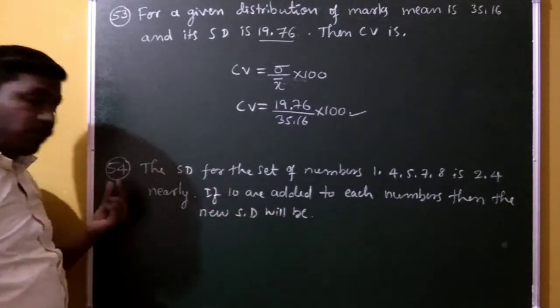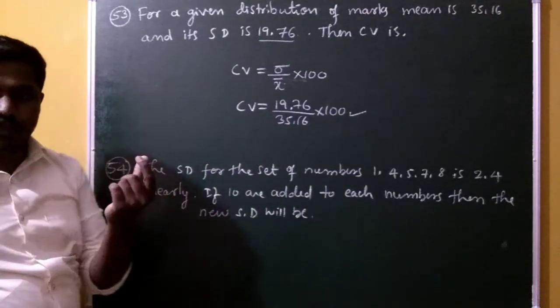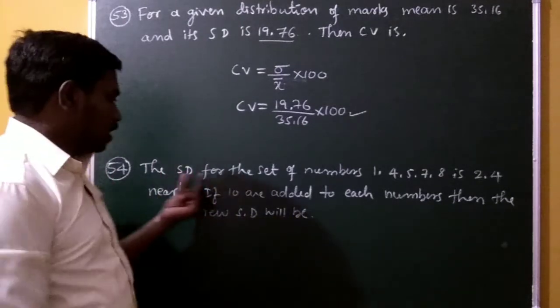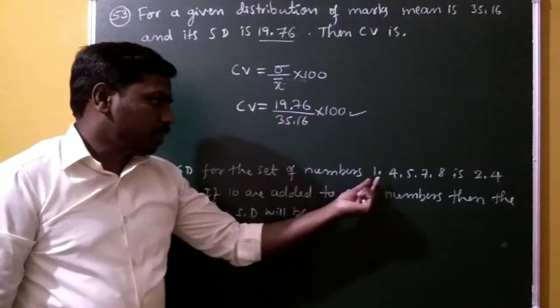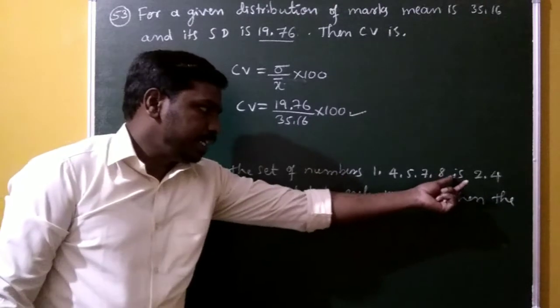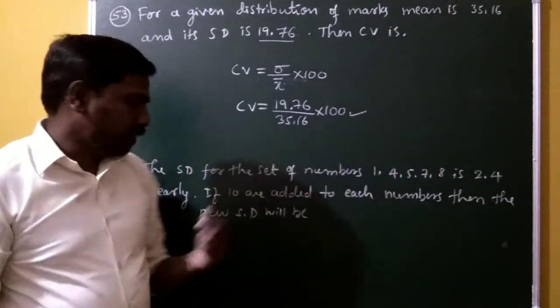Next, question number 54, observe. The standard deviation for the set of numbers 1, 4, 5, 7, 8 is nearly 2.4.